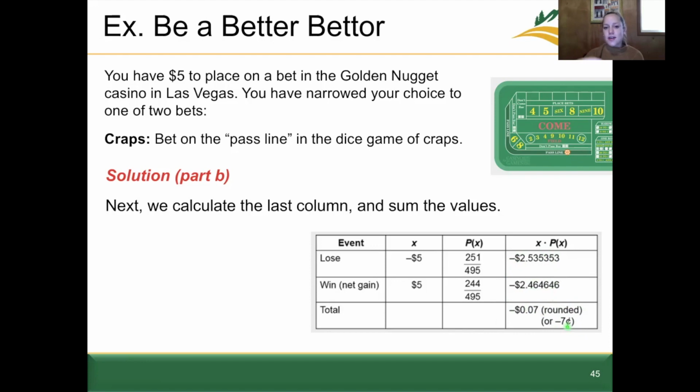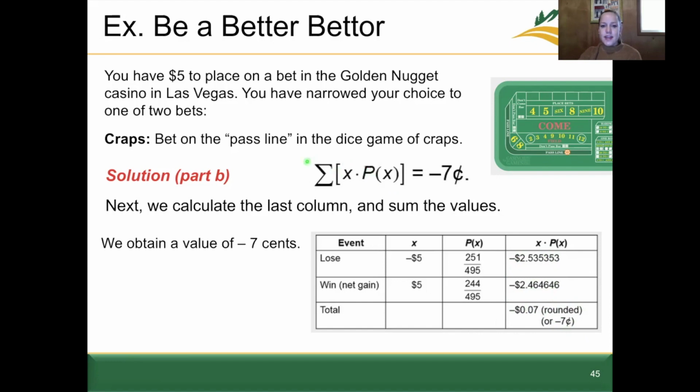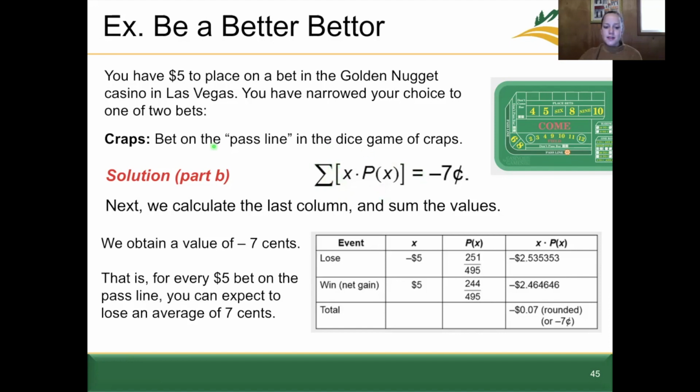It's also our expected value. Here's that notation I was talking about. Here's that uppercase sigma that indicates we're going to sum all of the values here. Putting that into words, for every $5 bet on the pass line, you can expect to lose an average of 7 cents. So now we have the expected value of roulette and we have the expected value of craps.